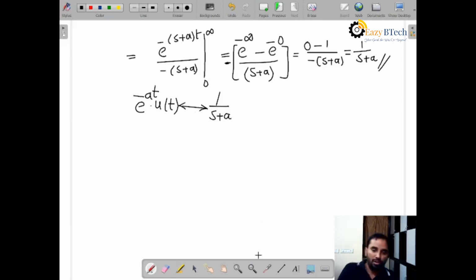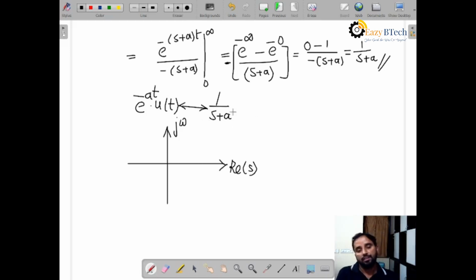And we have to plot the ROC of this signal. So this is the real axis, or real part of s, and this is the imaginary part j omega. Okay, 1 by s plus a.